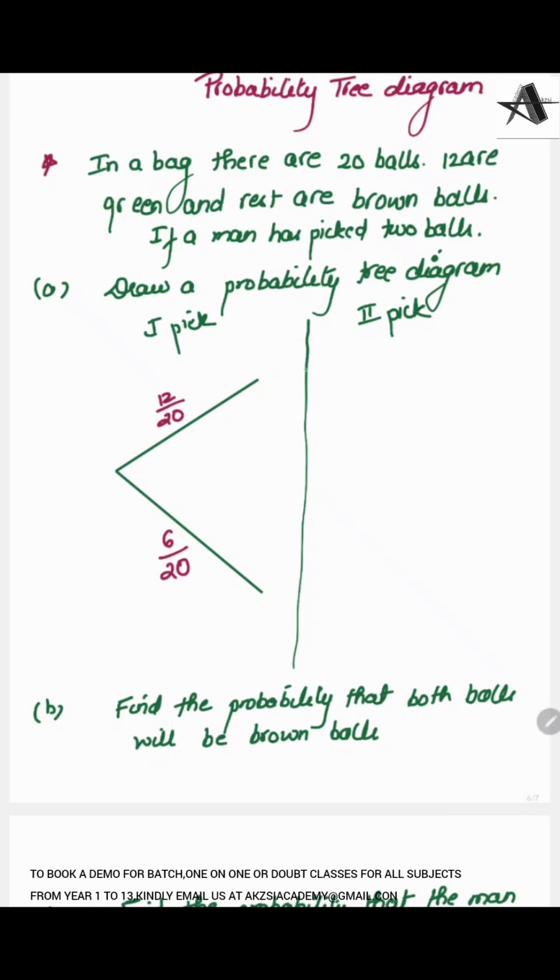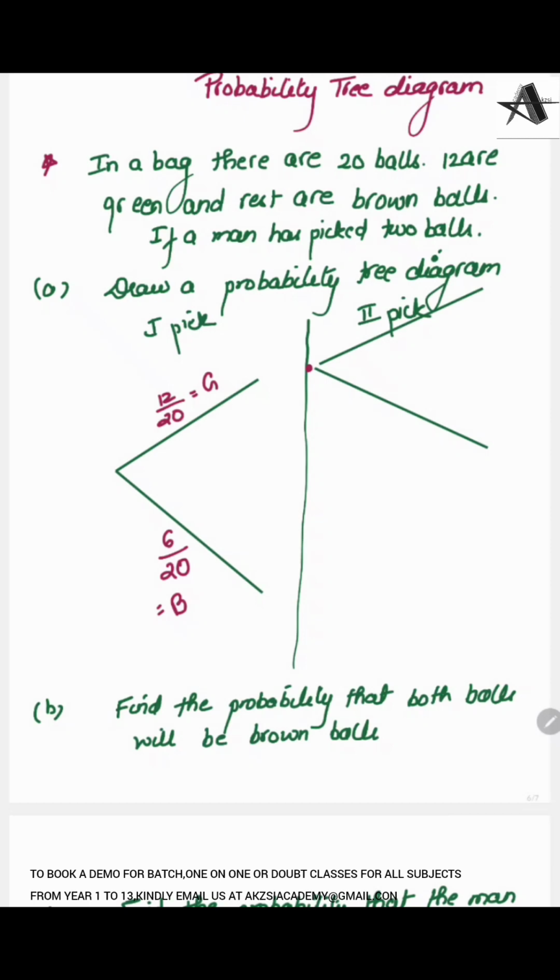Now in the first pick, he has already picked 1. Let me write this down. This one is green and this one is brown. Suppose he has already picked 1 green ball, then there are 2 possible ways by which he can pick the other balls.